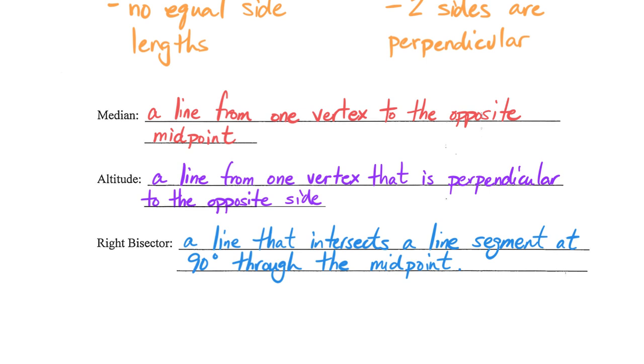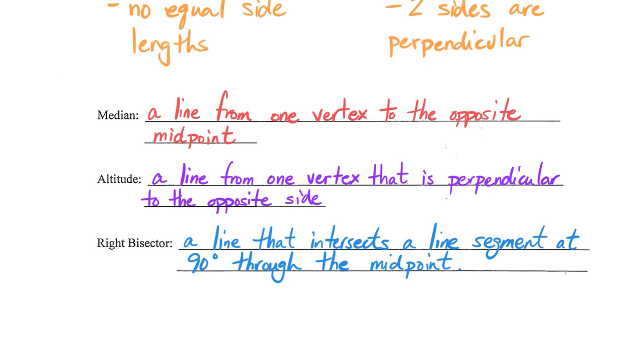So I want to make sure that you're good, that I am never going to ask you to write out what you see in red. What I want you to focus in on is knowing what that property is. So a median is a line that runs from one vertex of a triangle to the opposite midpoint. That's a median.